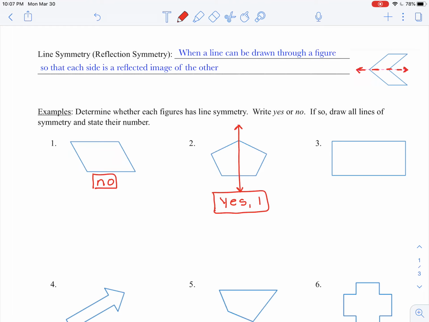In question number 3, the rectangle definitely has line symmetry. We could fold the rectangle in half this way, and the two halves would be the same. Or we could also fold the rectangle in half this way, and the two halves would be congruent. So the rectangle has two different lines of symmetry.